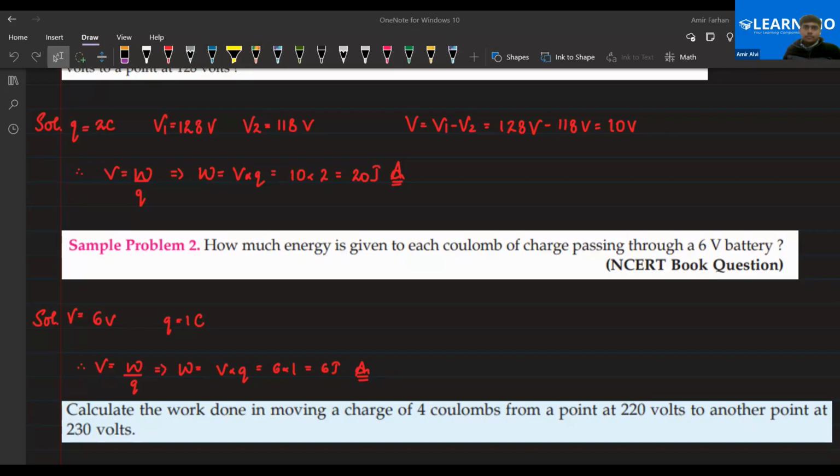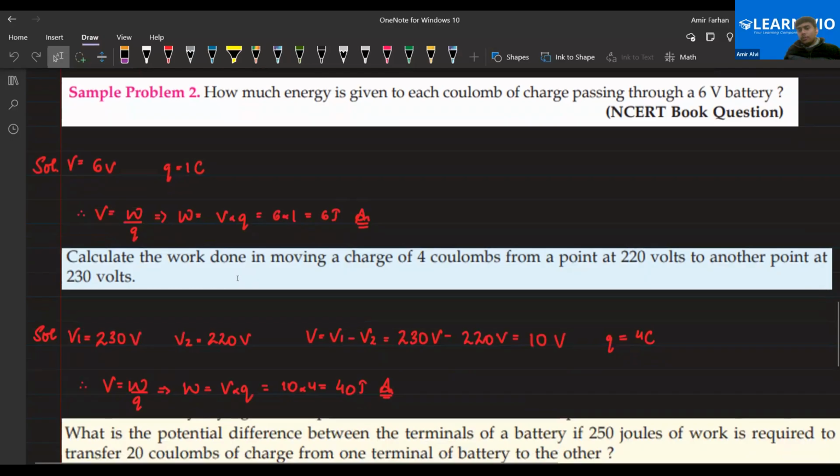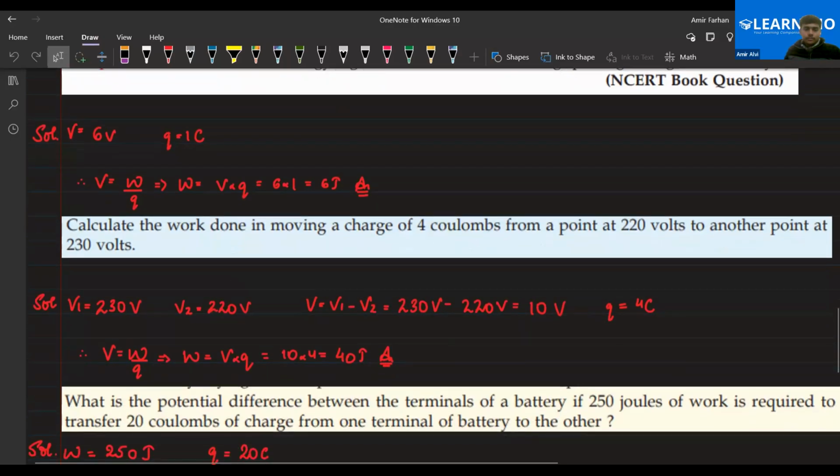Okay, sure. Yes, the answer is 40 joules. Last question, let me know the answer.